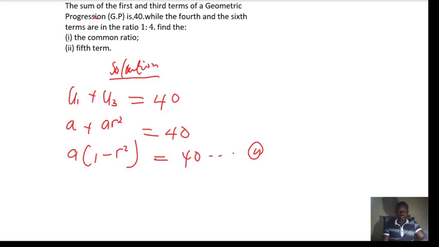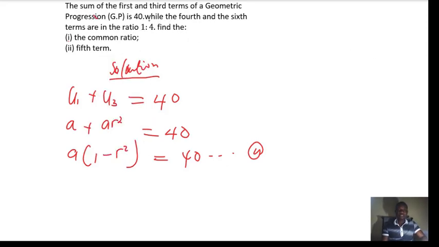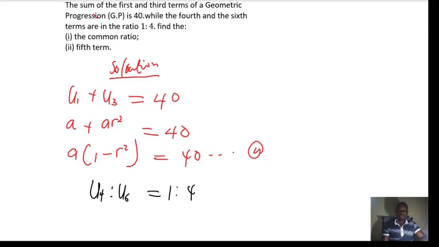So when we move on to the second part of it, it says that the fourth and the sixth term are in a ratio of 1:4. So U4 is to U6 in a ratio of 1:4.